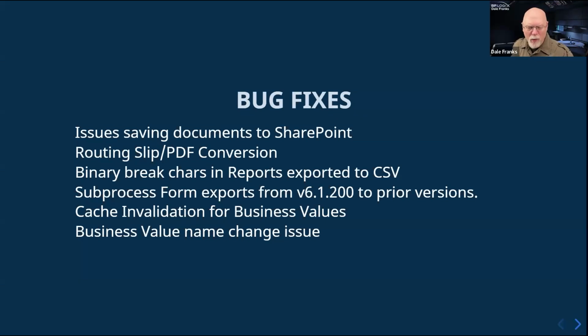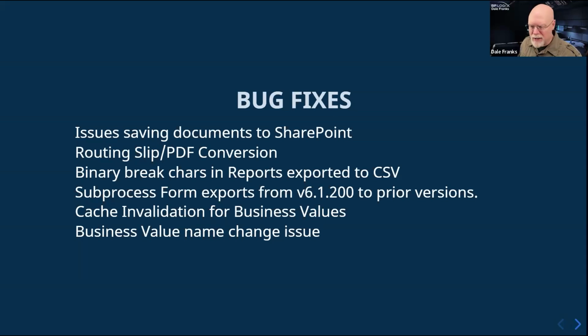And another weird little issue, if you have a business value and you're using that business value like in a set form data tab of a form definition, and then you went back to the business value and decided to change the business value name, when you went back to the form definition, the name wasn't being updated. That's a pretty minor issue because the actual links are being done via the GUID, the actual ID of the business value.